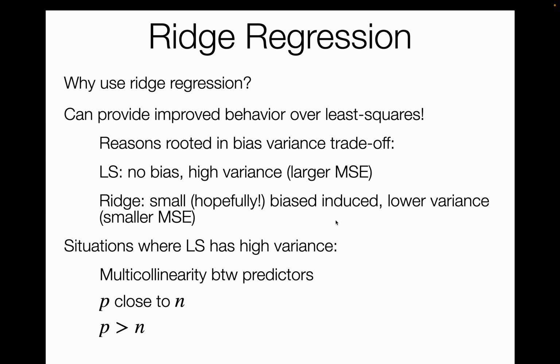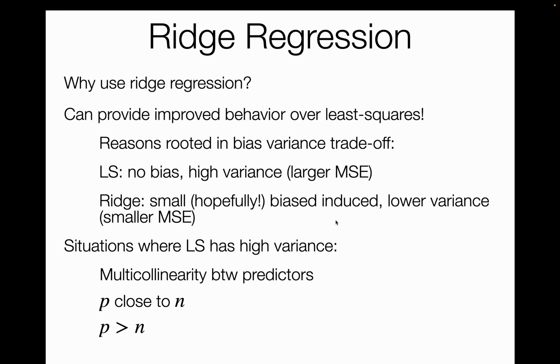Whereas ridge regression puts in this extra term that is going to bias the estimate. It's going to bias the estimate towards being small because it penalizes that way. So it might not get to the truth in the large sample case. But in the small sample case, it might actually be closer.